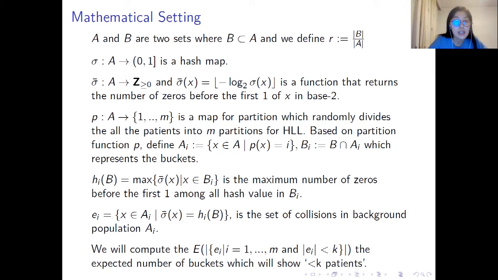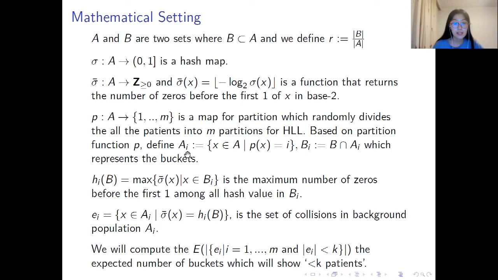Next we have a hash map sigma. Sigma maps a patient's ID to a random number between 0 and 1. And now we have sigma bar, a function that finds the maximum number of zeros before the first one of this number in base 2 representation. And P is a function for partition.